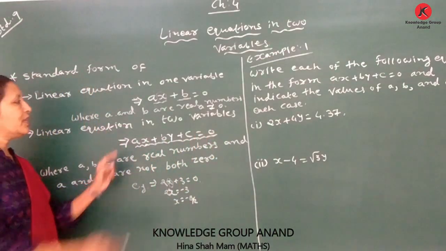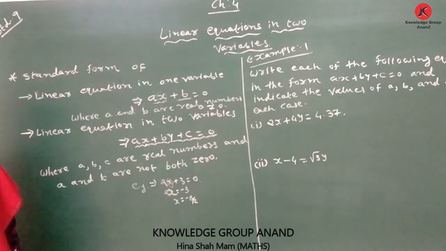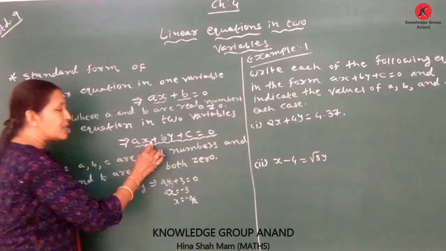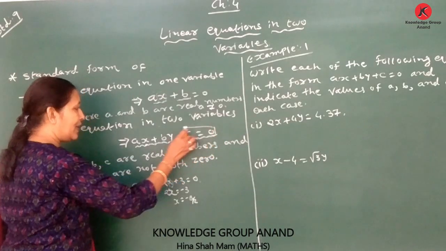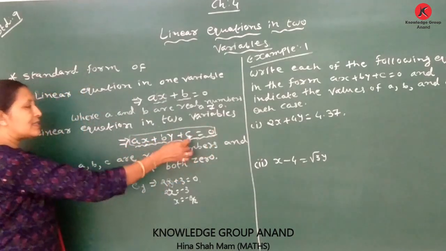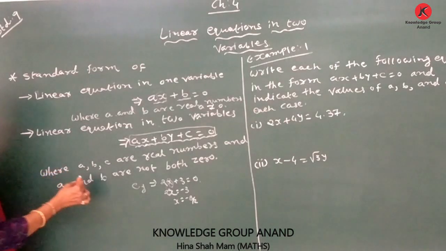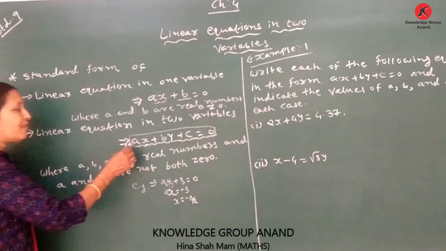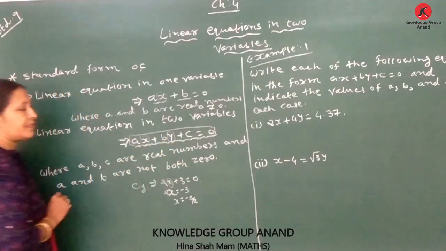The standard form of a linear equation in two variables is ax plus by plus c equals 0, where a, b and c are real numbers and a and b are not both 0. Here the variables are x and y.